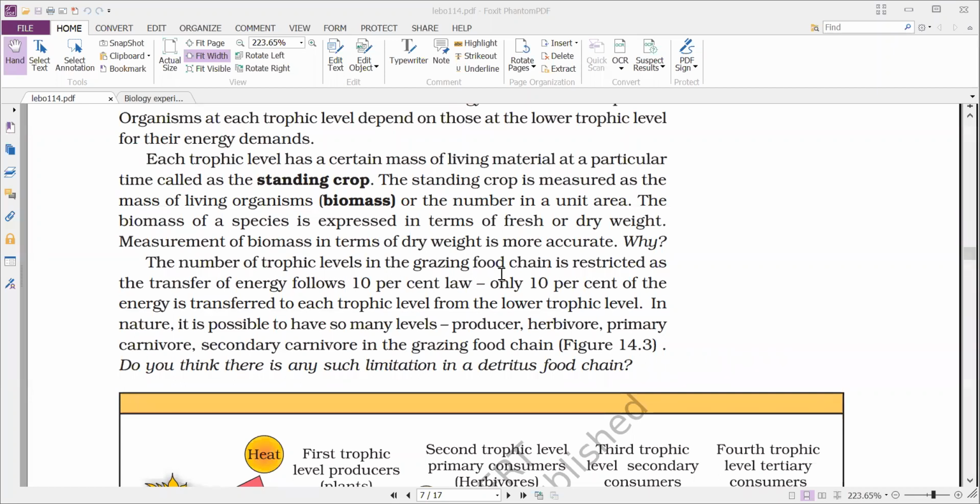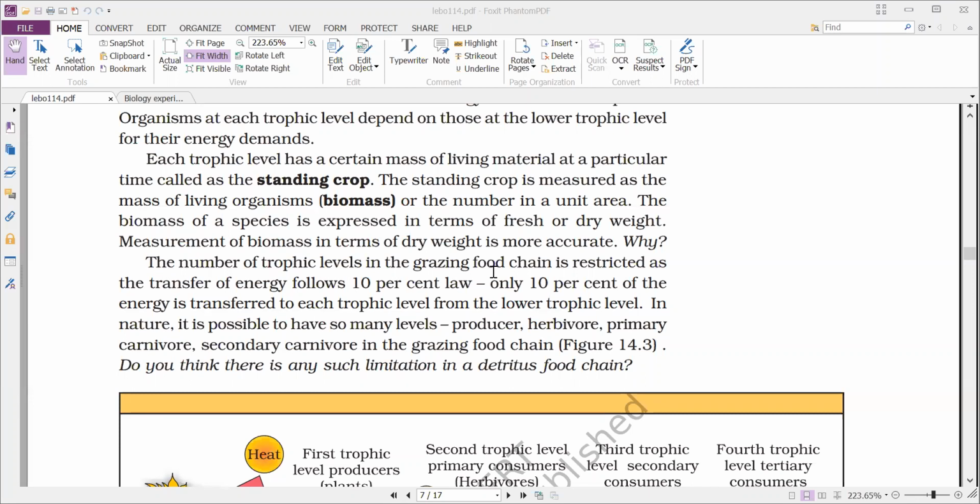But water alone cannot provide any energy. That's why instead of taking fresh weight, it is better to take dry weight. That will give the correct biomass. But if that is not possible, generally we can go with the fresh weight also.